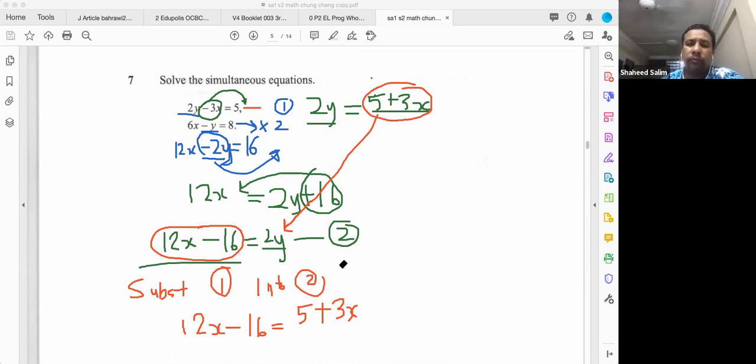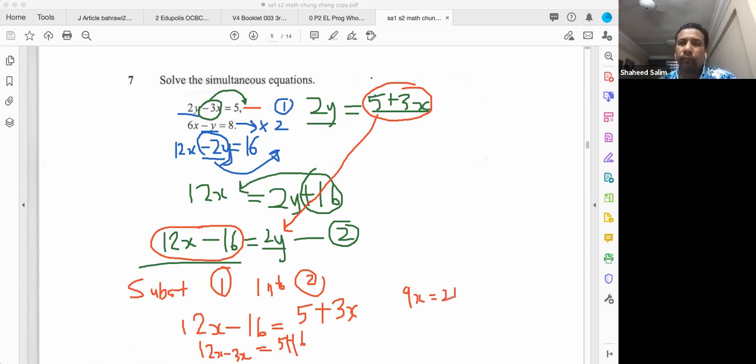Let me do this one just very quickly. You bring the 3x over, 12x minus 3x. 9x equals to, you bring 16 over the side, 5 plus 16, so you get 9x equals to 21.